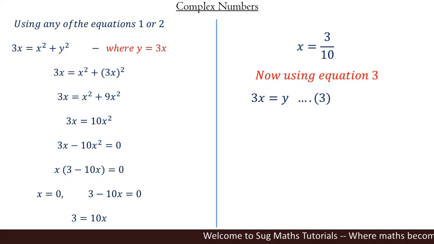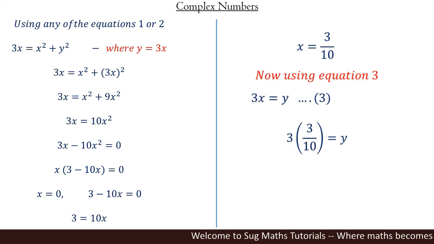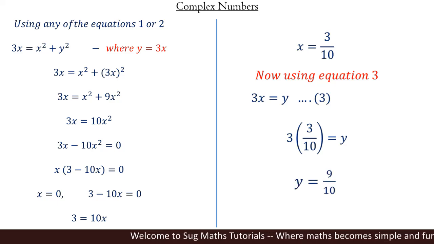So in place of x, we have 3 open bracket 3 all over 10 close bracket is equal to y. Now using this 3 to open the bracket, we have 9 all over 10 is equal to y. Therefore y is equal to 9 all over 10 and x is equal to 3 all over 10.